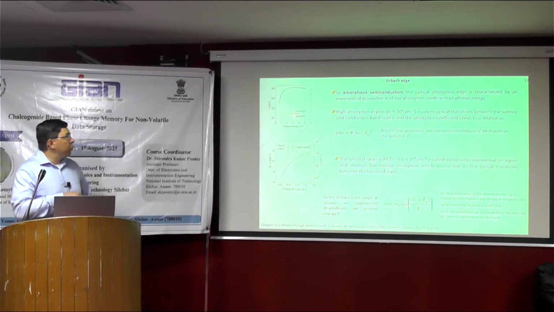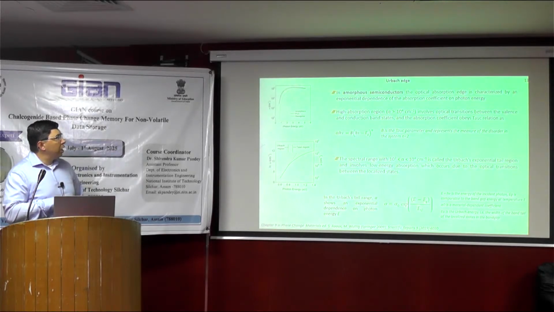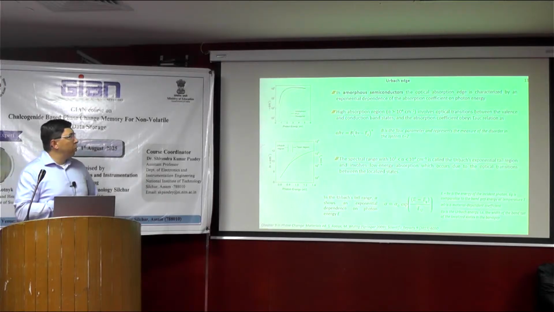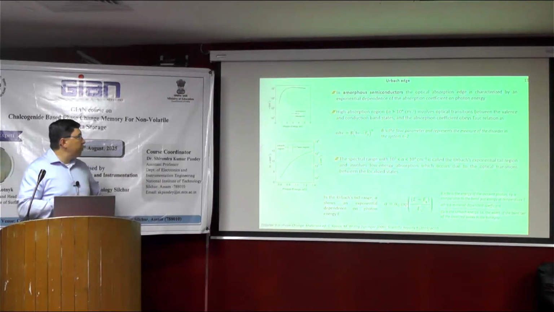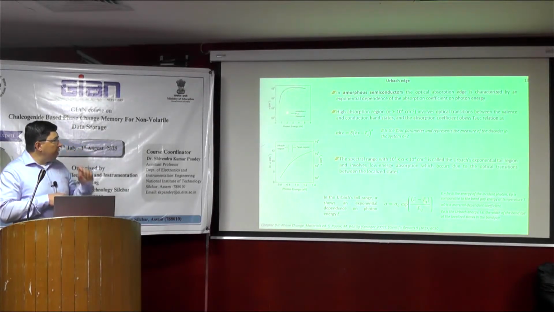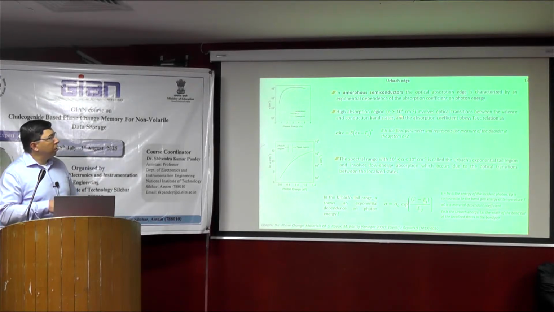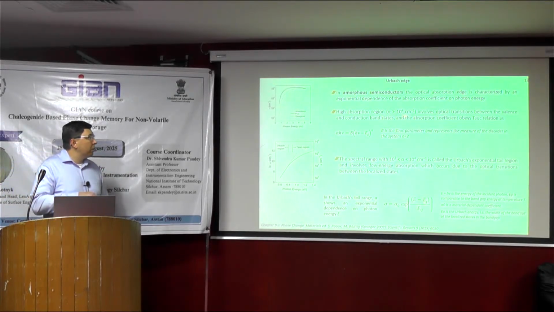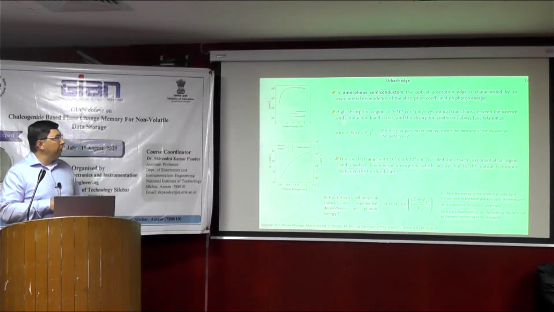In amorphous semiconductors, the optical absorption edge is characterized by an exponential dependence of the absorption coefficient on photon energy. The high absorption region, more than 10 to the 4 per centimeter, involves optical transitions between valence and conduction band states, and the absorption coefficient follows the Tauc relation, given by this equation.